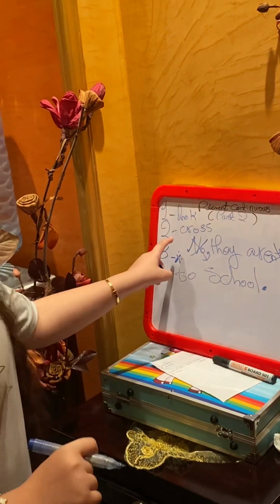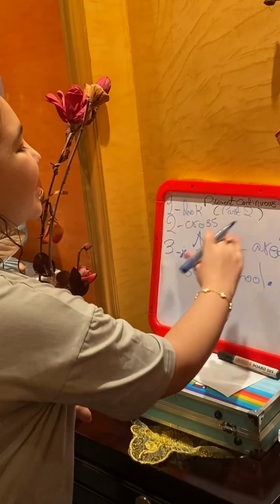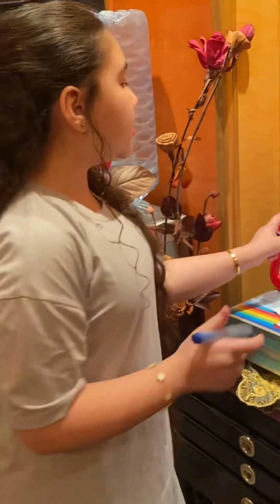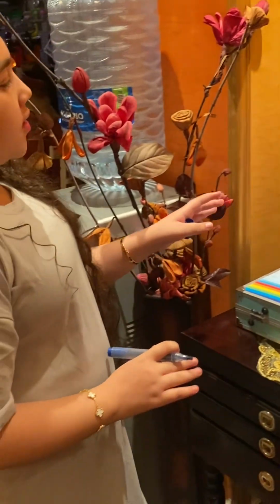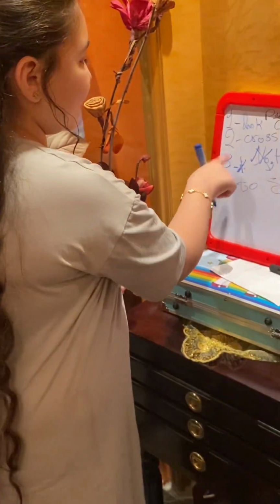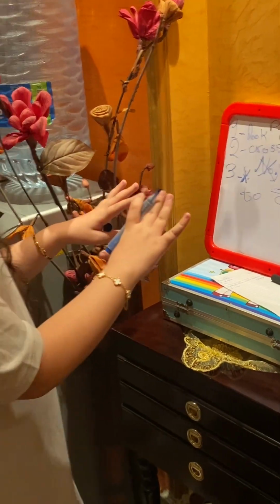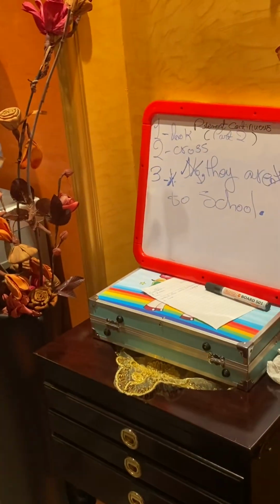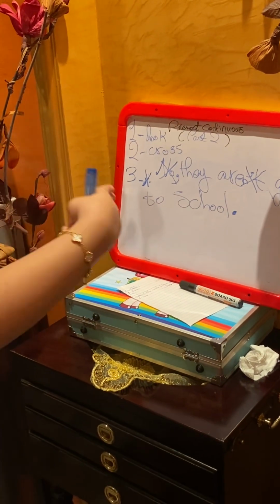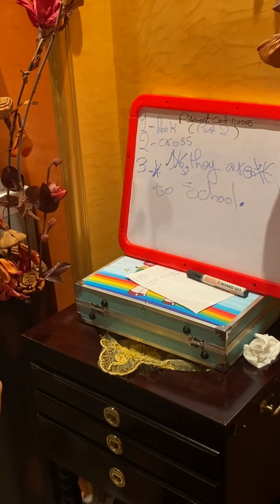So you can know that in the second step you just cross words, but in the third step I write here something like X. It's just something so you can know that X means scissors. Okay, guys?